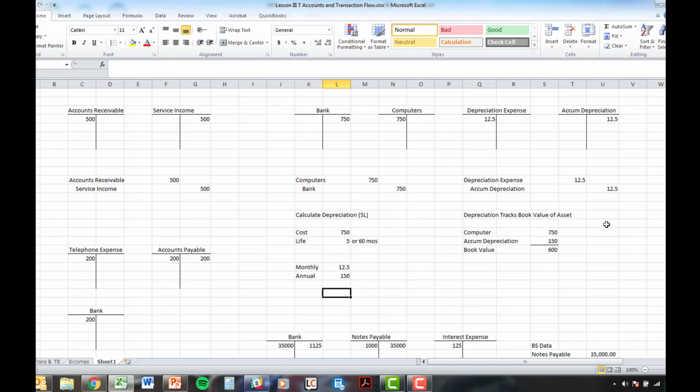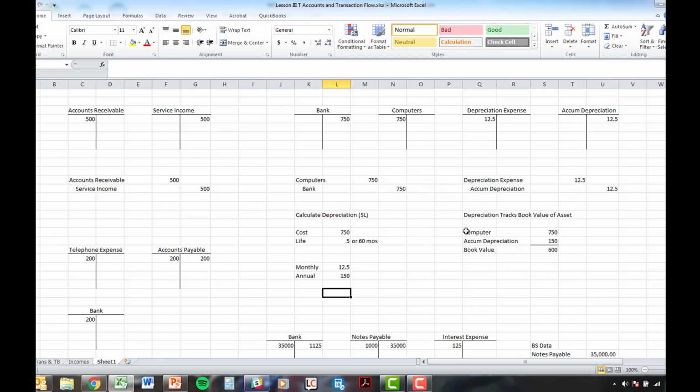So when we record it monthly, we debit depreciation expense, which is $12.50, and then we also credit an account called accumulated depreciation for $12.50. Accumulated depreciation is basically a tally of how much depreciation is accumulated on a given asset over a period of time. It also helps to track book value on the balance sheet.